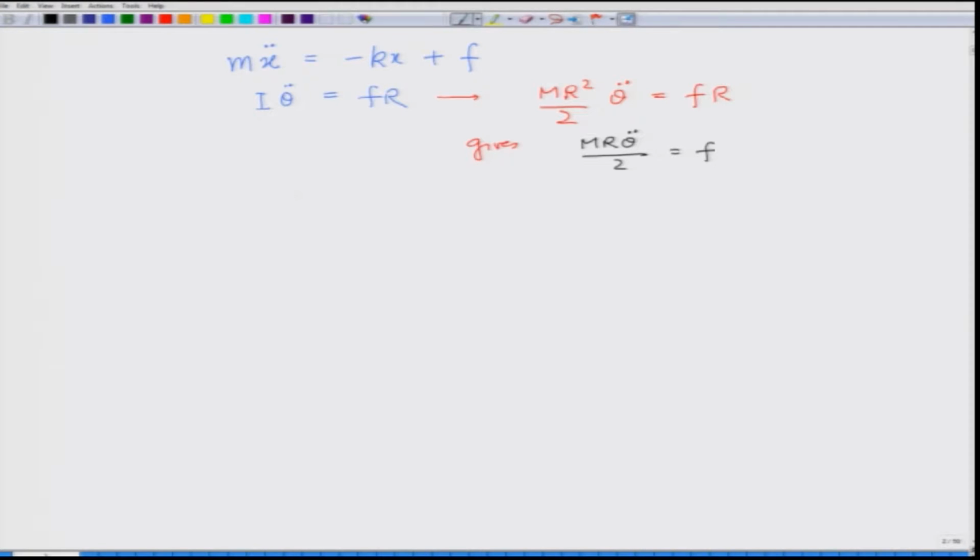And the third equation is that x double dot is equal to minus r theta double dot. This is my third equation, this is my second equation, and this is my first equation.